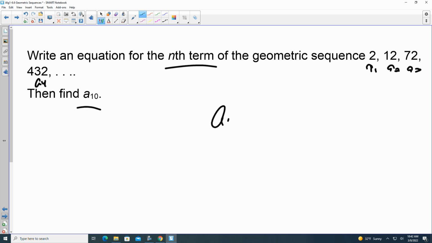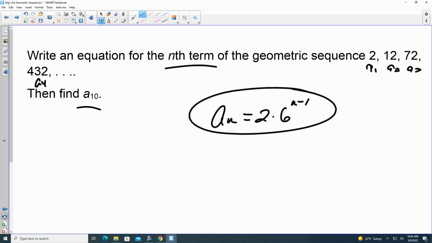So a sub n is going to be equal to a sub 1, which is 2, times, well, what is the common ratio? Common ratio is r, so 12 divided by 2 is 6. Just double checking, 72 divided by 12 should be 6, which it is. So 6 is my common ratio, and it's going to be to the n minus 1 power. That is my general equation.